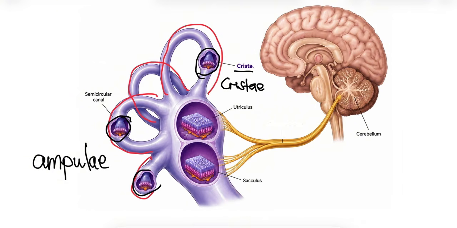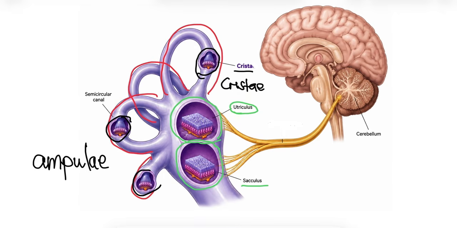Now, below the semicircular canal, we have identified some swellings, and this will be one of them, which is called the sacculus, and we have another one which is called the utriculus.